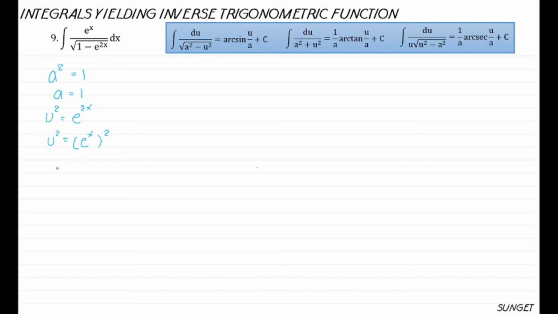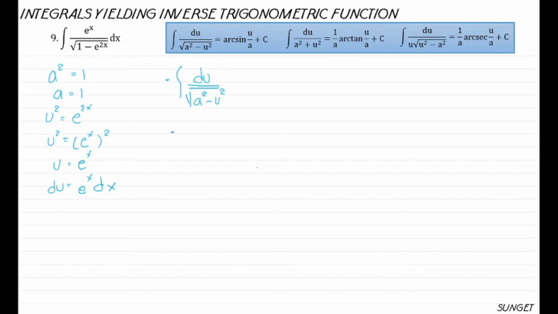Get the square root of both sides, so u is equal to e raised to x. Differentiate, so du is equal to e raised to x dx. Then we have the integral of e raised to x dx is du over square root of 1, that is a squared, minus e raised to 2x, that is u squared.